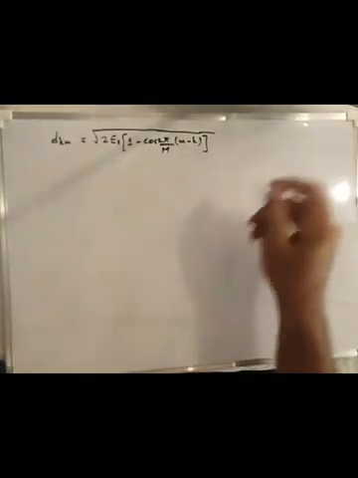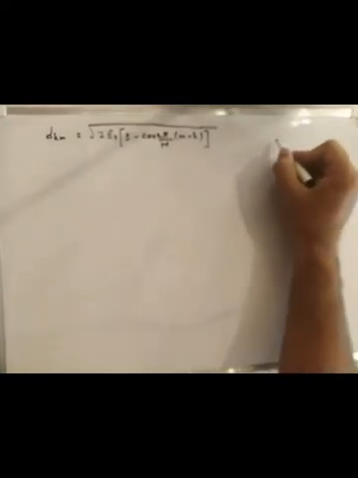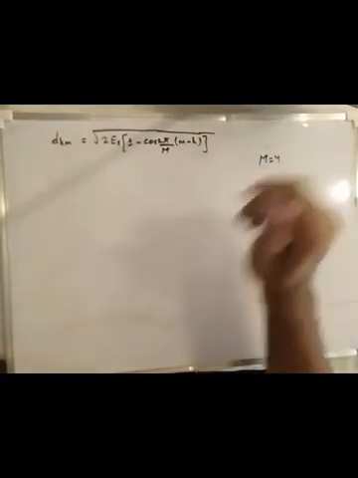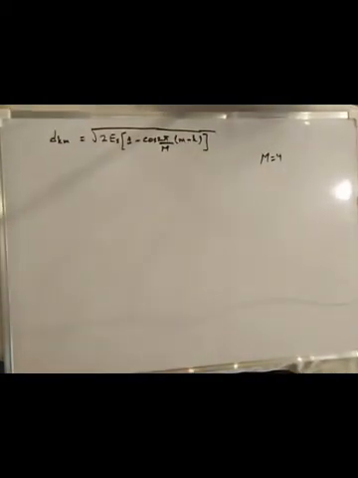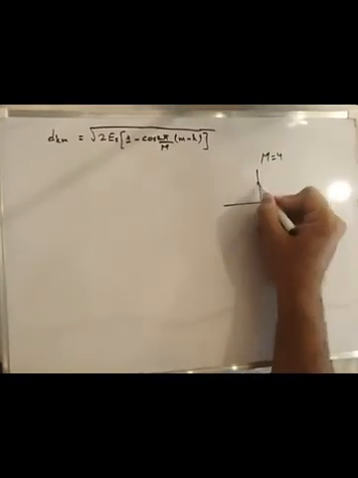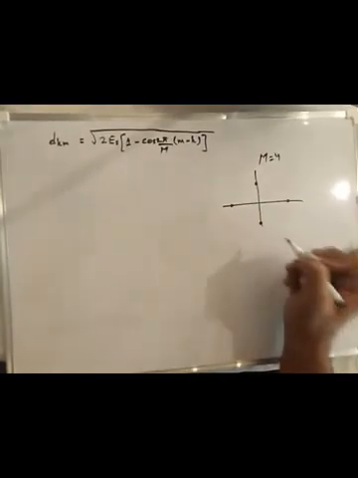For example, take M equal to 4. If you construct the constellation diagram, you will end up getting such a constellation, right?